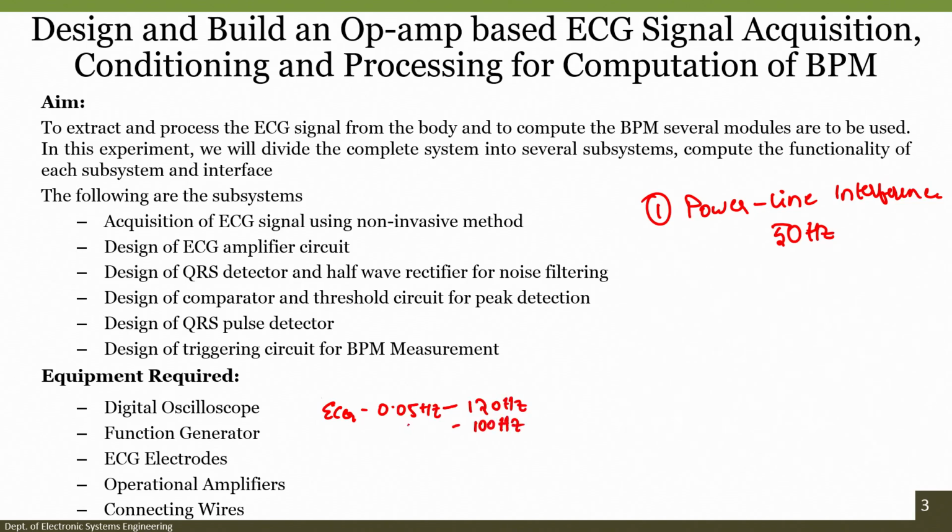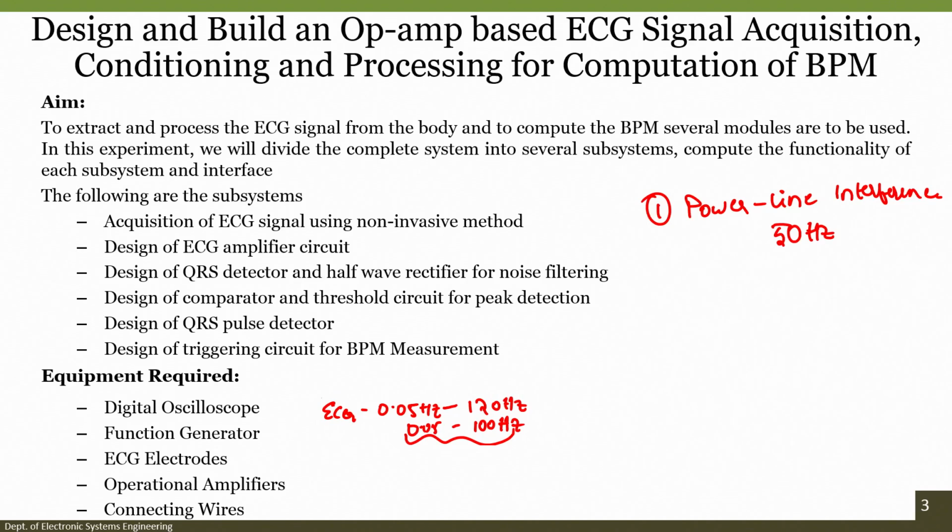So, this is the major operating frequency range of our ECG signal. When I compare that with the power line interference, the frequencies below 50 Hz and between 51 Hz and 100 Hz are required for us, right, but for frequencies greater than 100 Hz I do not require anything.